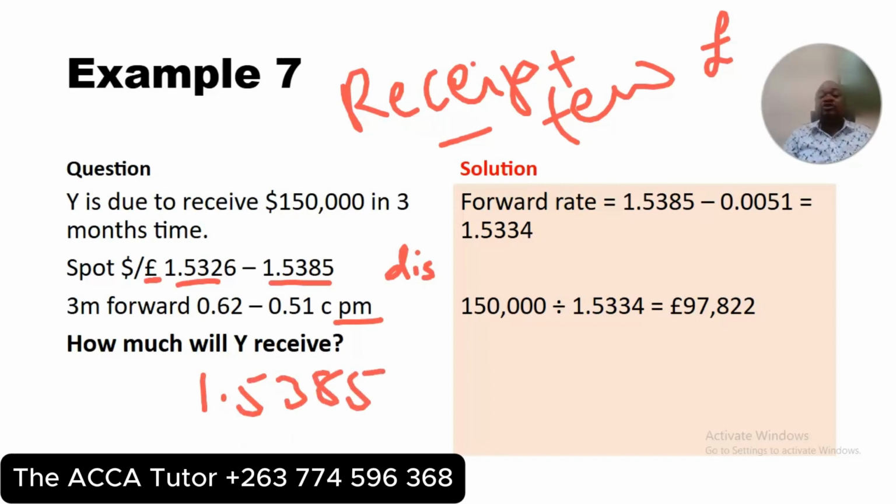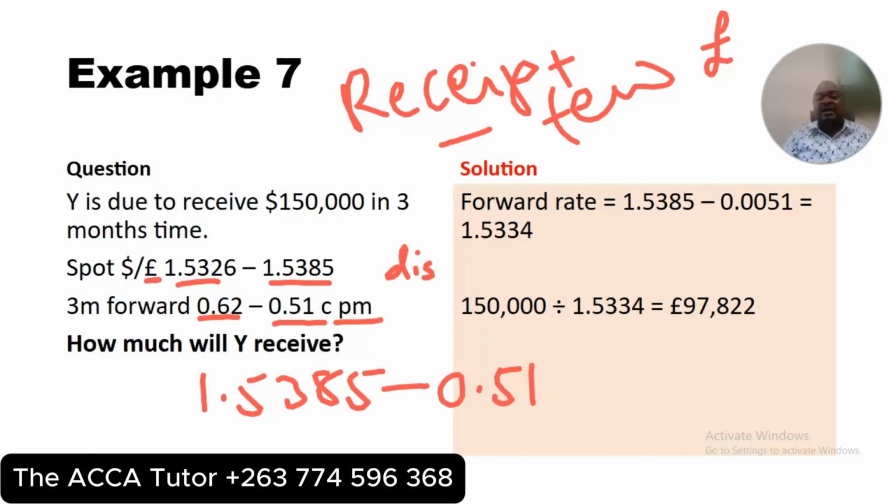Then, because we now know that the forward is quoted at a premium, we need to subtract the points. But this time we're given 2 points, 0.62 and 0.51. And our rule book is that we need to suffer. We need to get as few pounds as possible. So by the end of the day, we are going to subtract with a very small amount of points.